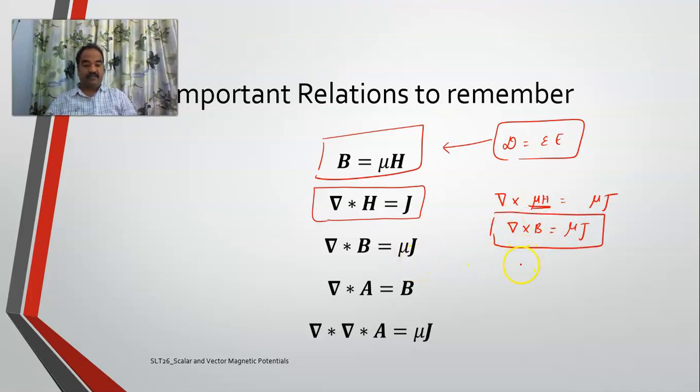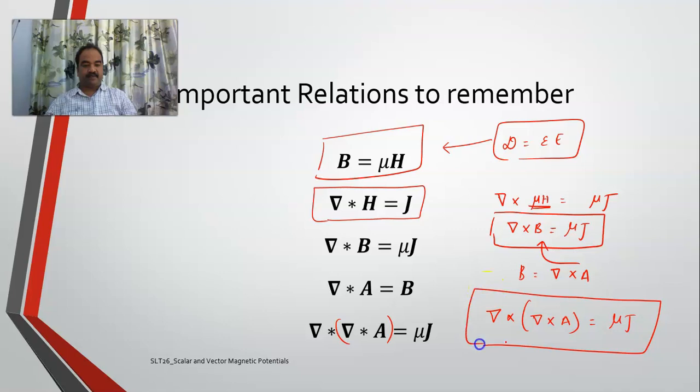And we have seen that B is equal to del cross A. If I substitute this here, what do you get? Del cross A is equal to mu J. Try to remember this one.